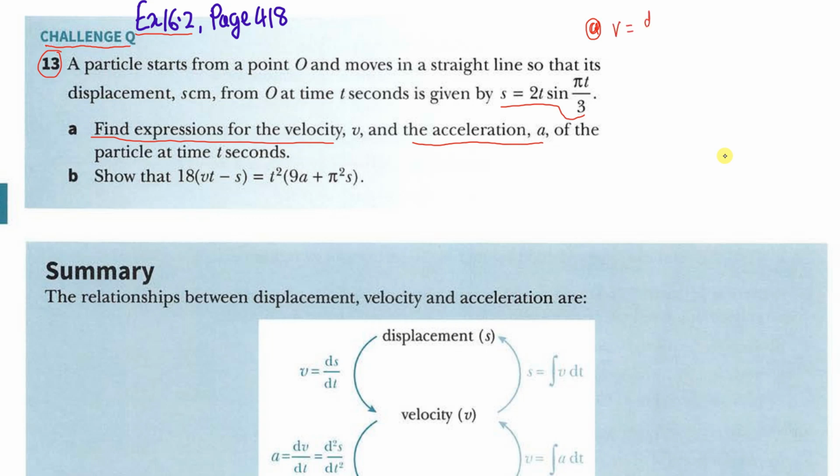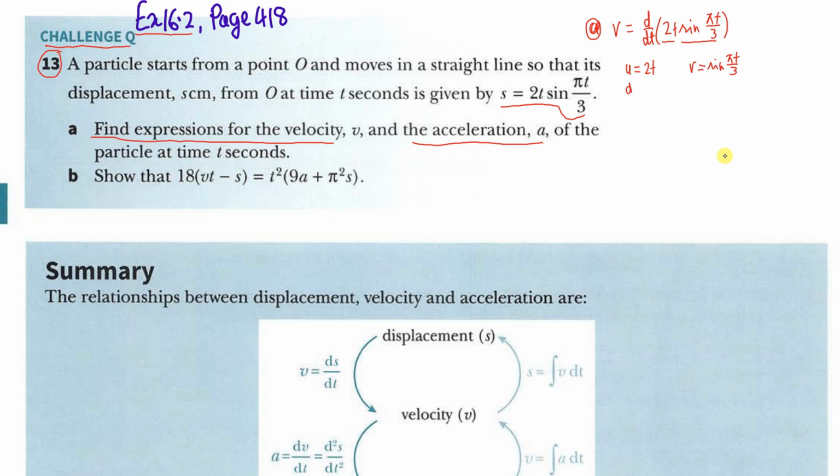The expression is given here: d by dt of 2t sine pi t by 3. We have to apply the product rule here because this is the part u and this is the part v, two variables given separately as a multiplied form. So let us consider u equals 2t and let us consider v equals sine pi t by 3.